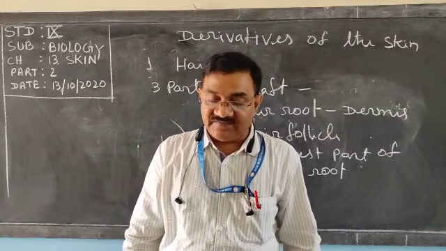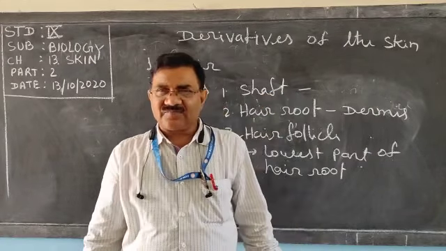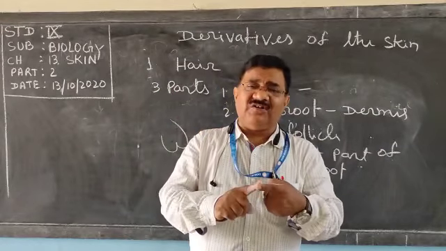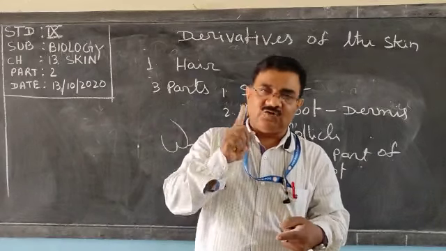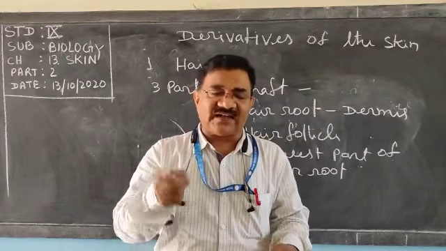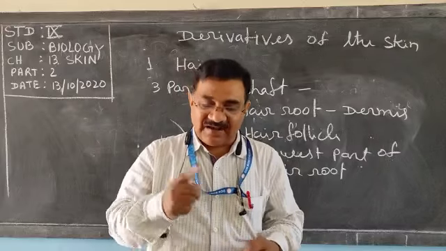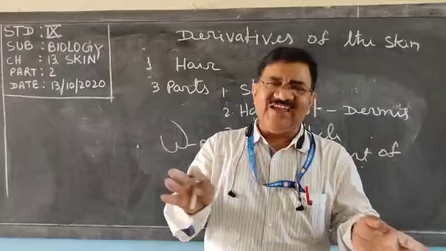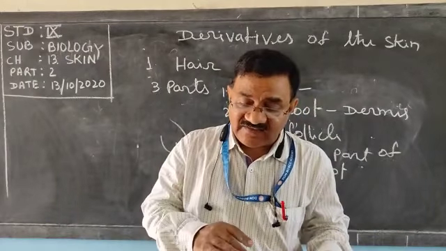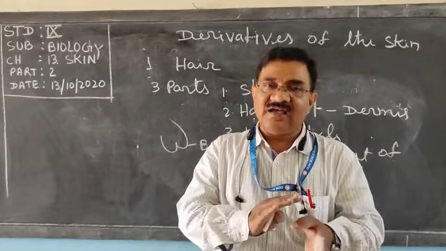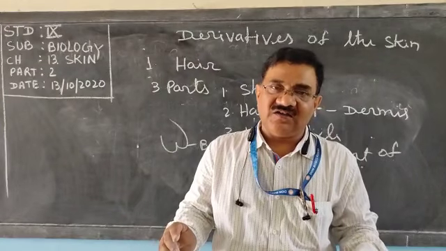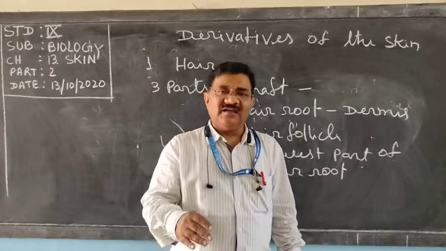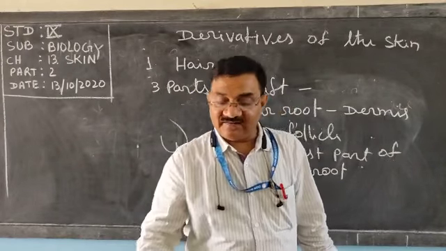That part is clear. Due to the presence of the pigment melanin, the color of the hair is black. If due to any reason this melanin is lost, the hair becomes white. Understood or not? If there is loss of the pigment melanin, the hair will become white.